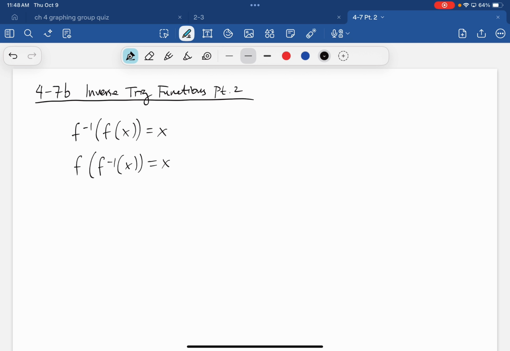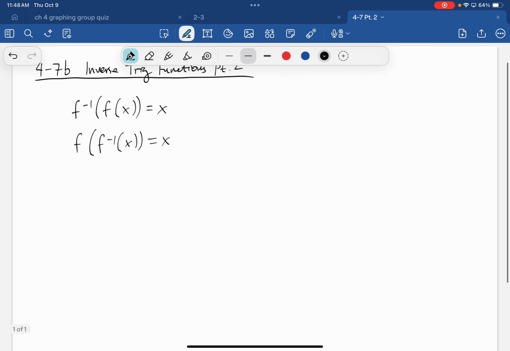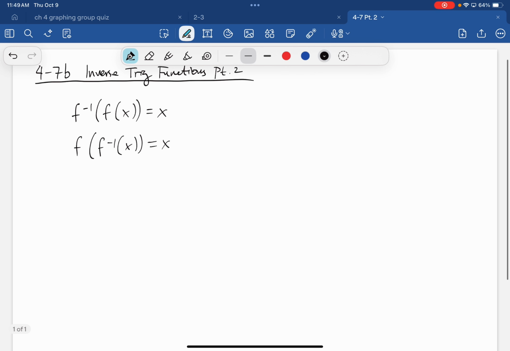Unfortunately, this is not always true for inverse trig functions. And why is that? Anybody know? Because it's only like a certain area of the graph. Yes, that's close. The reason is that arcsine is not actually the inverse of the sine function.